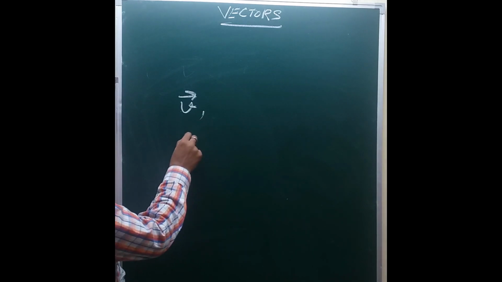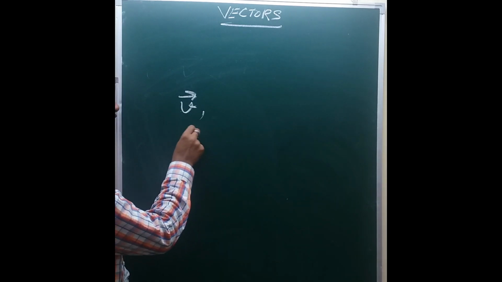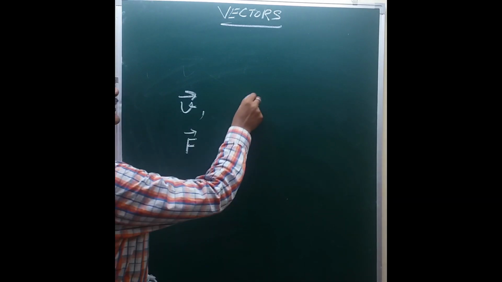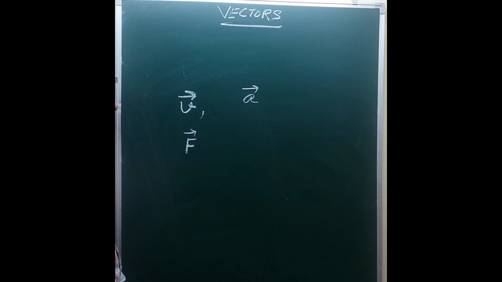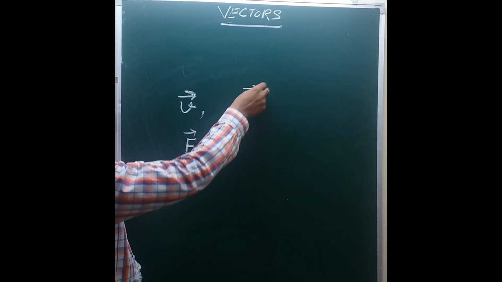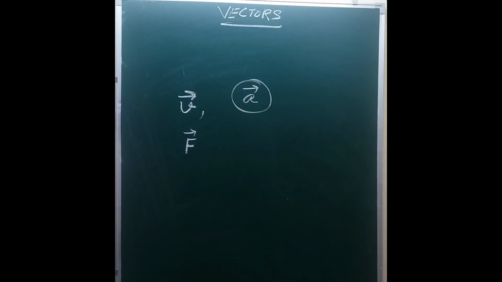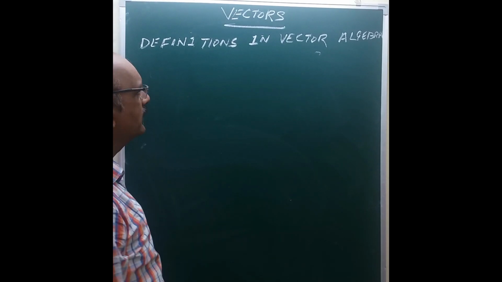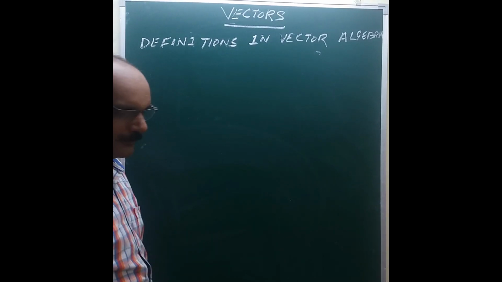Force in vector form, this. Acceleration in vector form, this. This arrow shows that the quantity is a vector quantity, which has magnitude and direction. Clear? We are going to discuss definitions in vector algebra.